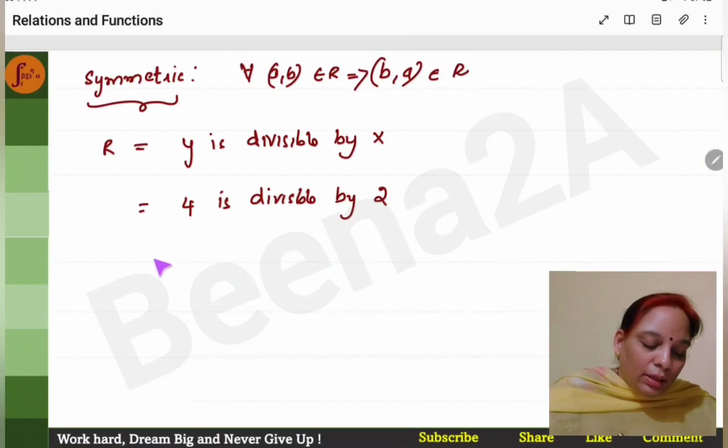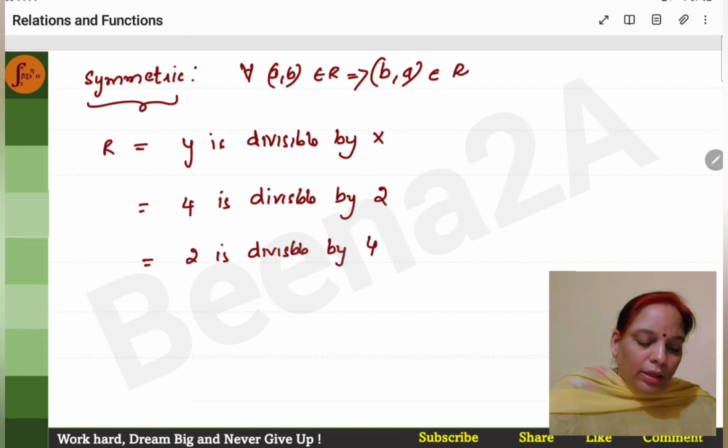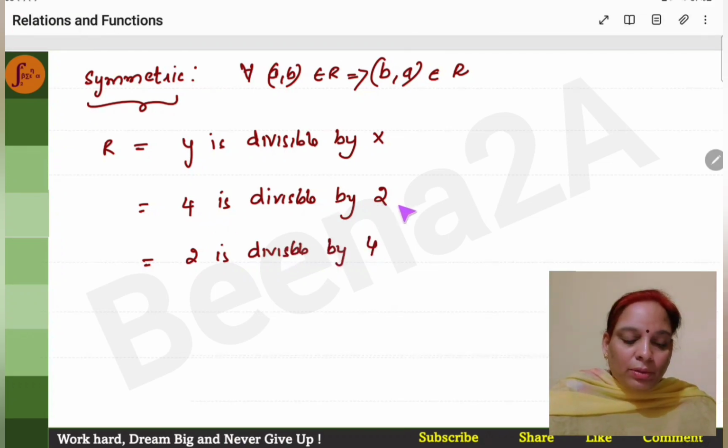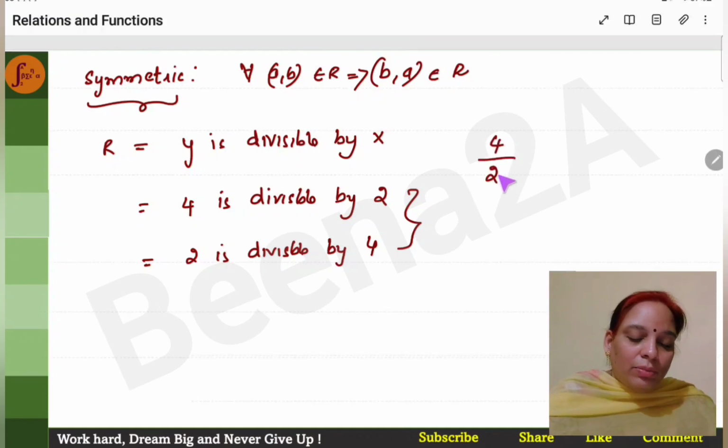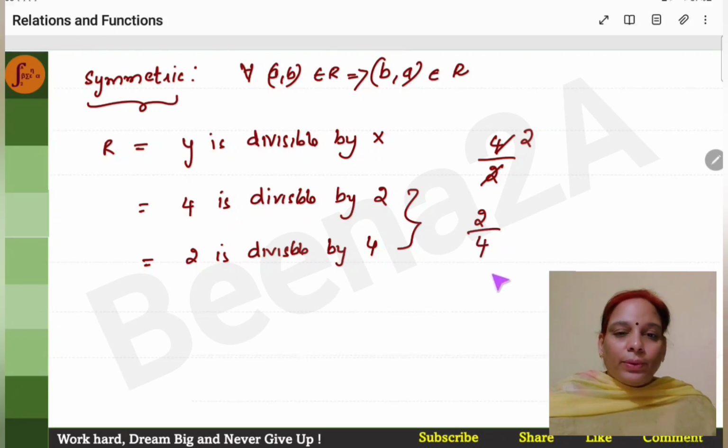Does that mean for symmetric it should be reversed, 2 is divisible by 4? If 4 is divisible by 2, does it mean that 2 is divisible by 4? No. Because 4 is divisible by 2, but 2 is not divisible by 4.